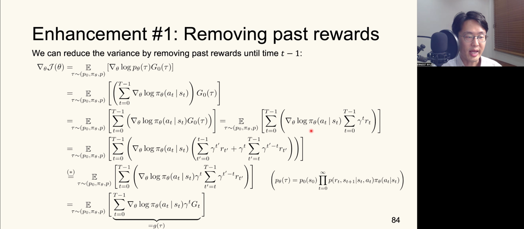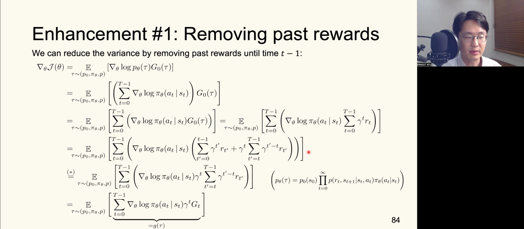Okay, next, let's undo this G0 notation and just write it out explicitly as the summation of the cumulative discounted return. And then we have the summation, and this summation has two parts.